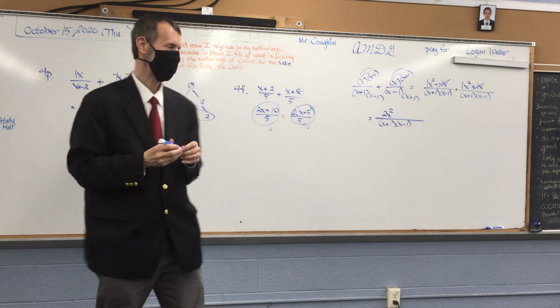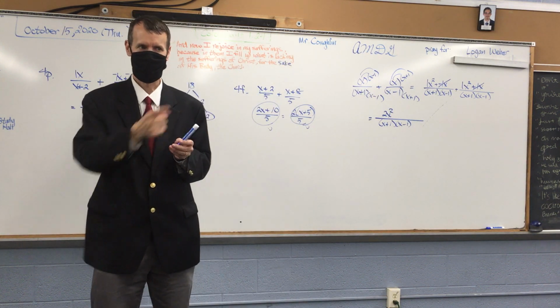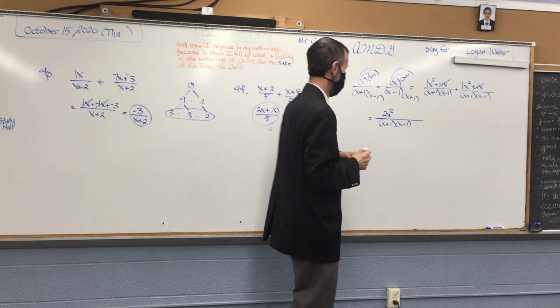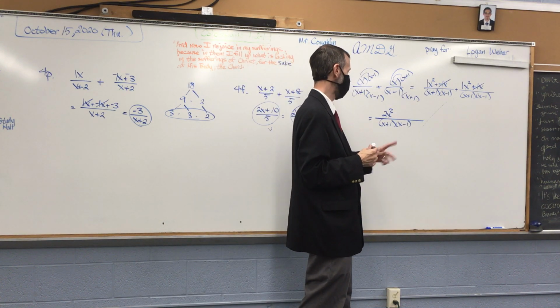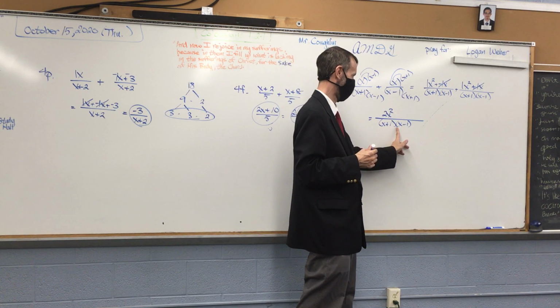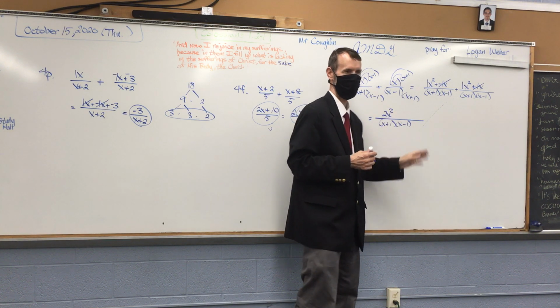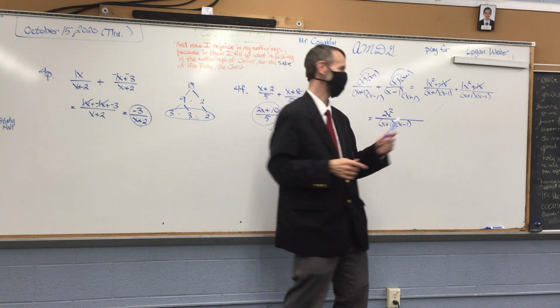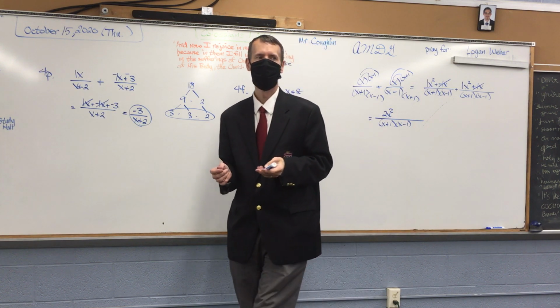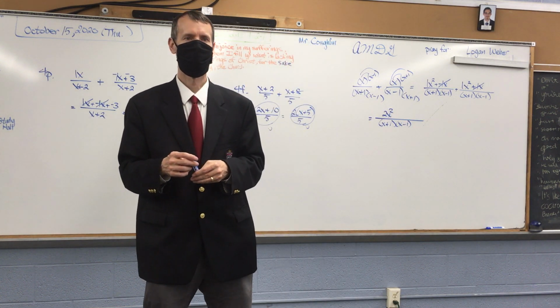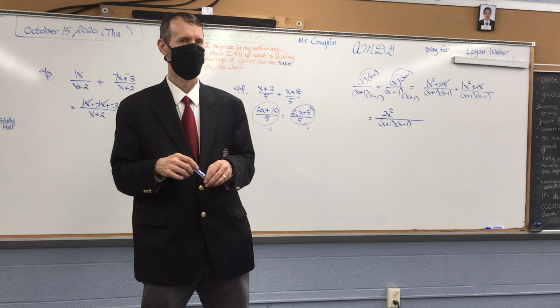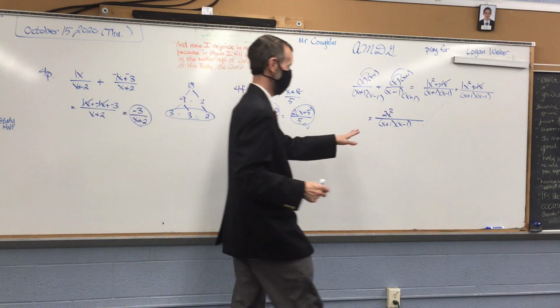Now then, does anything cancel? Yeah, the x plus 1, x minus 1. No, those are multiplied. Does anything on the top cancel anything on the bottom? Like, do you see a parentheses x plus 1 on top? Anywhere? Is there an x plus 1 up on top?